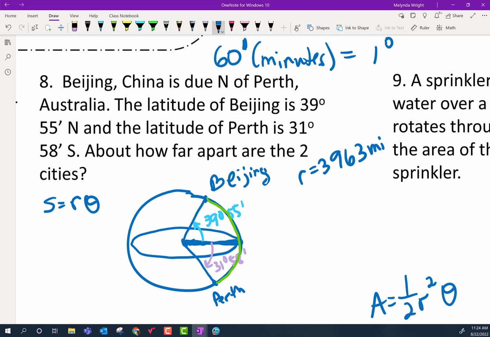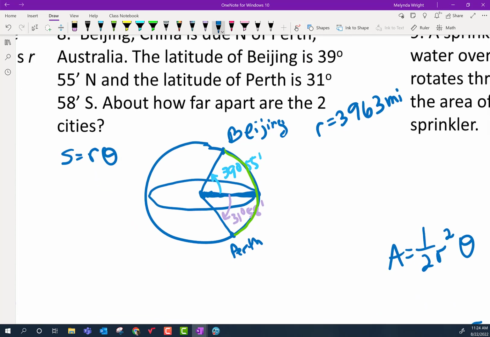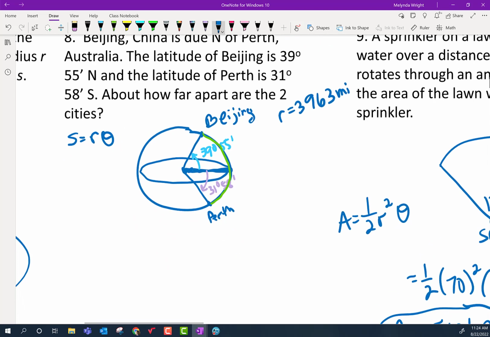So we've got the r, great. Now it wants the angle measure. I have two different angle measures, but I want that whole sector. So what do you think I'm going to have to do to those two angle measures? Add them together.